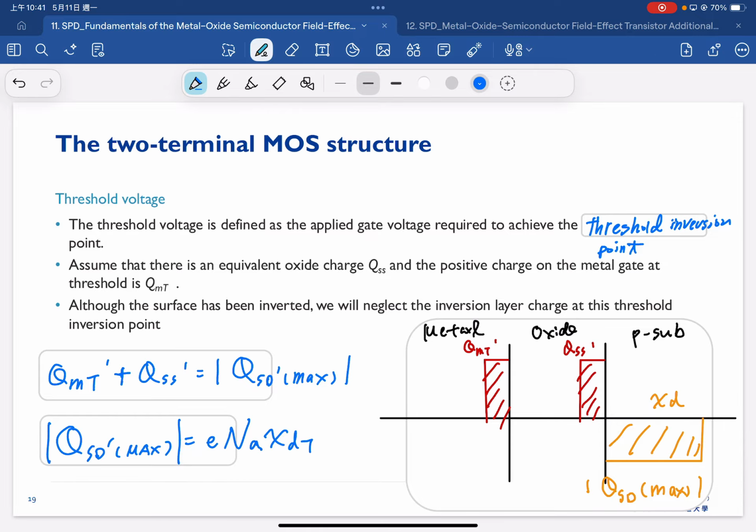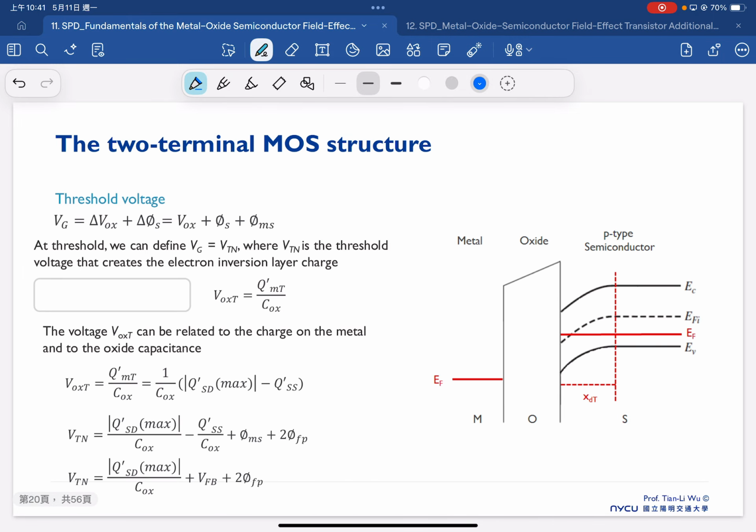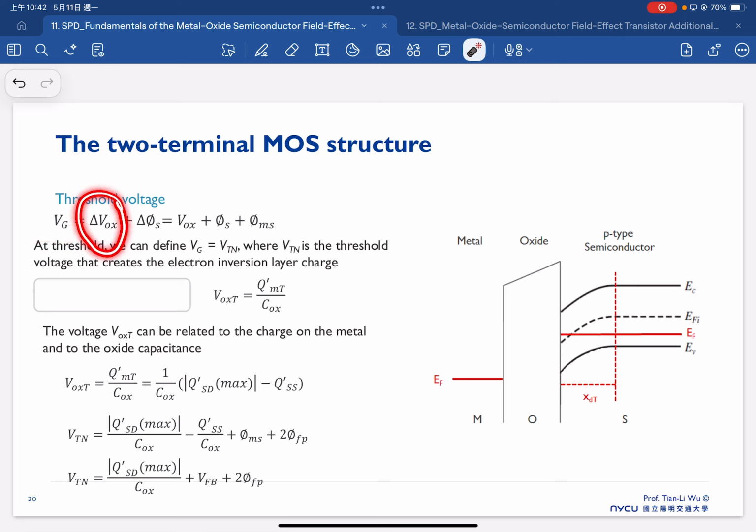Furthermore, moving to the next step, we consider the previous equation: once we apply a certain bias, a certain voltage will drop in the oxide, and a certain voltage will drop in the surface.